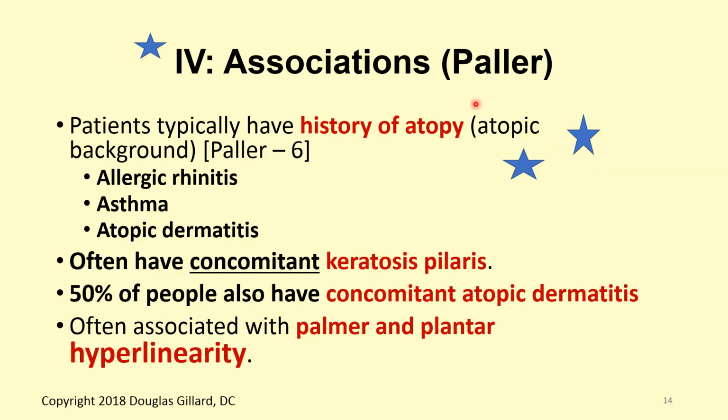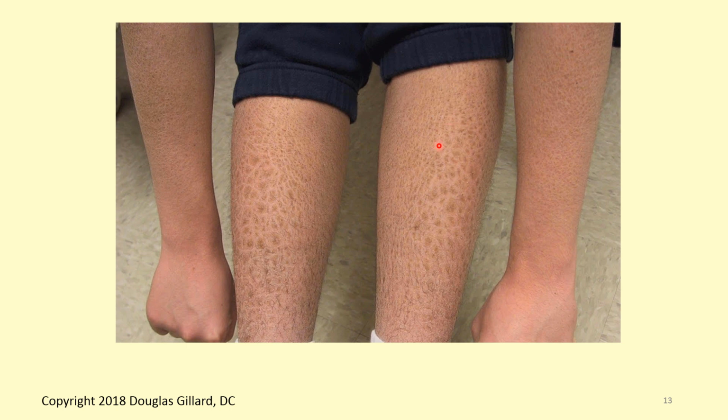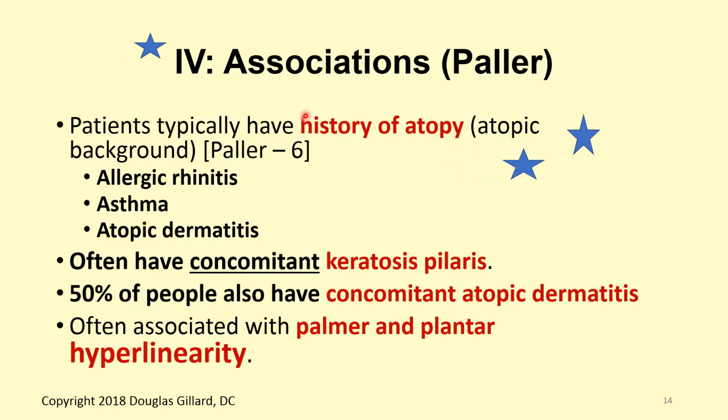Now, it's not a dangerous disease in and of itself, but there are some associations. The patients who develop ichthyosis vulgaris, like this guy right here, somebody in his family, his mom or his dad, is probably atopic. So there's a history of atopy in the family. A lot of people ask me this on the midterm: is that a spelling mistake?